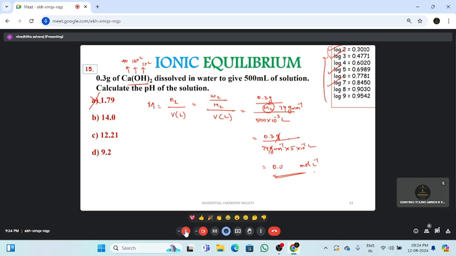0.008. So concentration of calcium hydroxide is 0.008 and each calcium hydroxide will release 2 moles of OH minus ion. So concentration of OH minus ion is 2 times of 0.008. So value is 0.016 molarity.